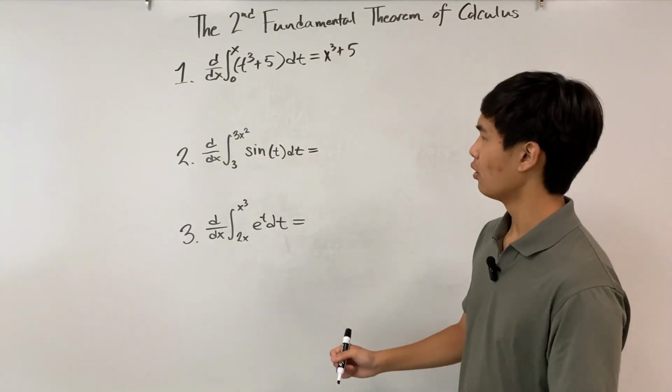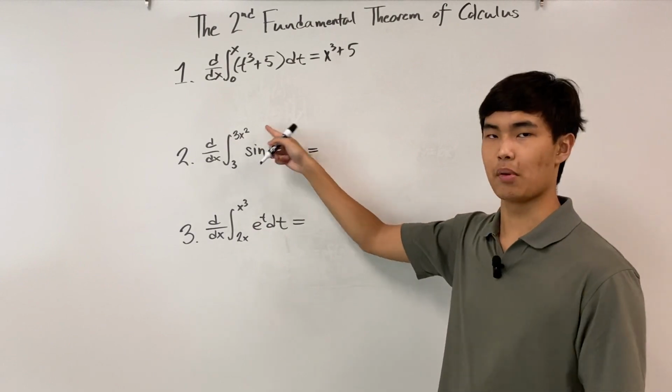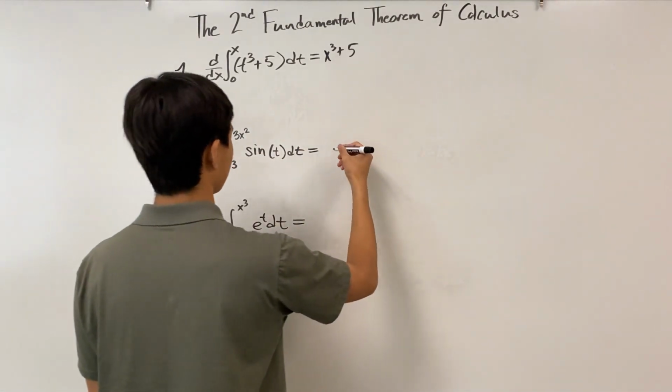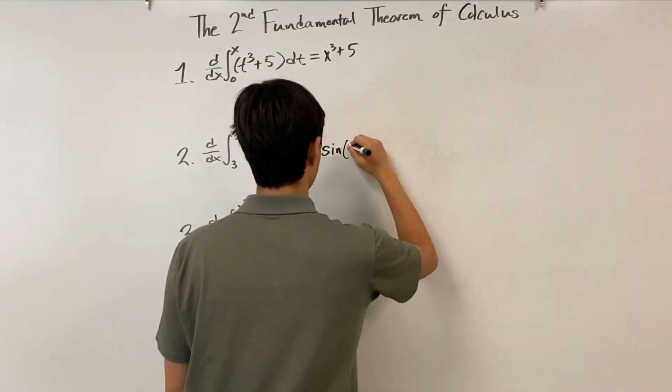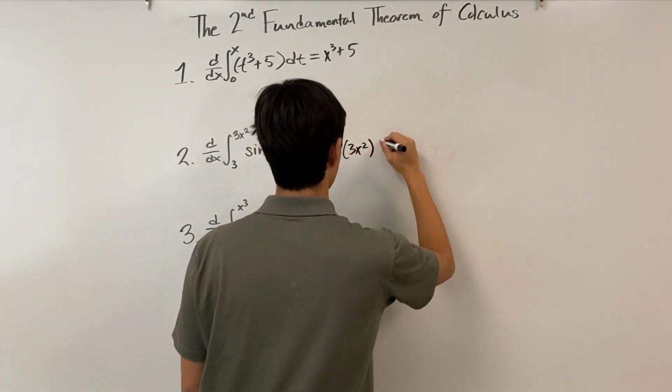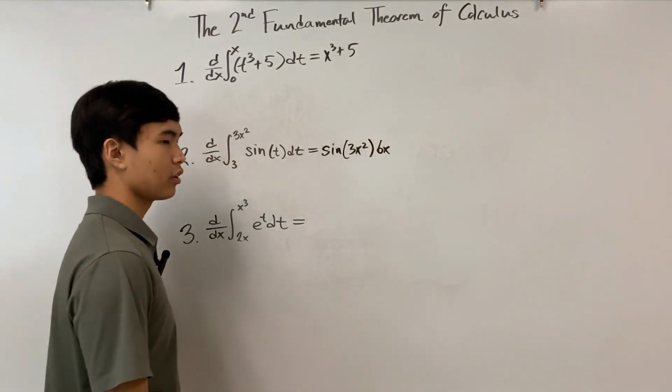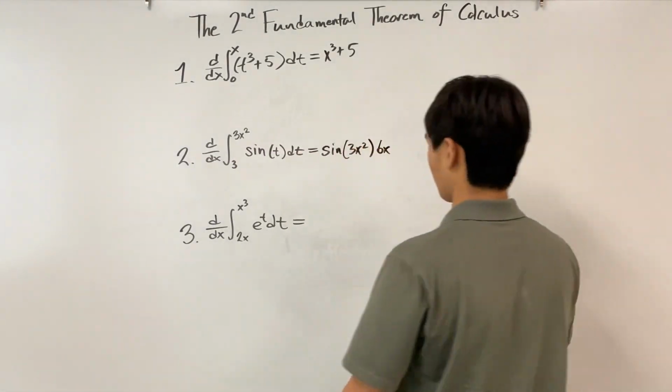Second problem. Now we have a function as the upper bound. Using the theorem shortcut, we can say this is sine of 3x squared times 6x. But as always, we're going to make sure.